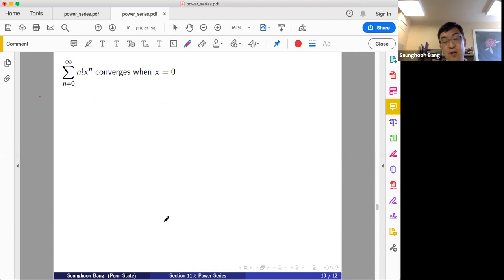The answer is 0, because we have only one point, and the length of one point is just 0. What is the interval of convergence of this case? The interval of convergence is just the center, only one point here.